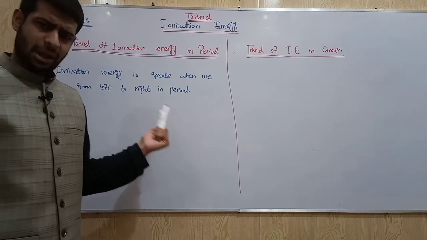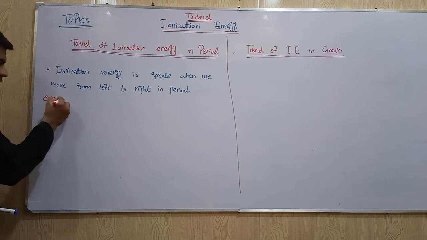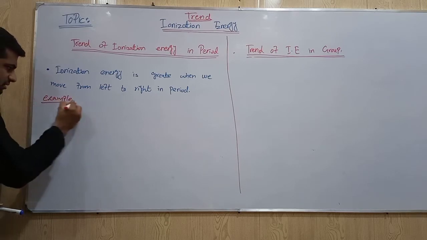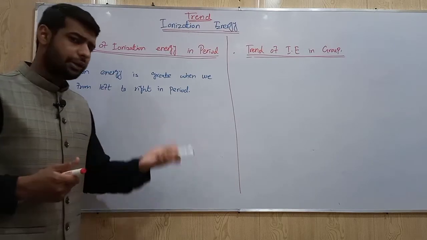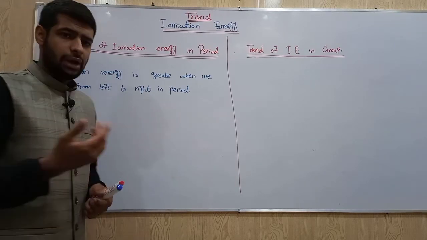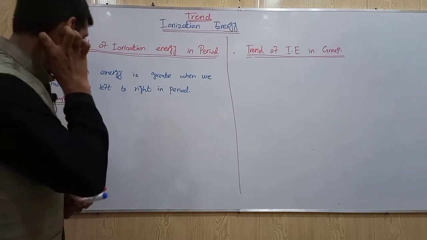We will discuss the example and what is the reason of this, why ionization energy value is greater when we move from left to right in periods.